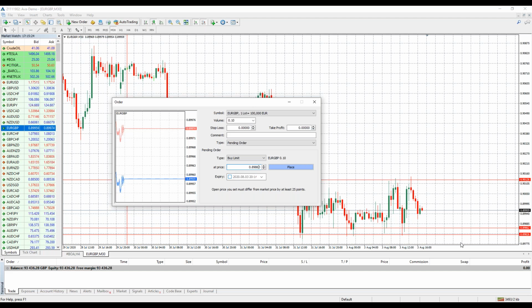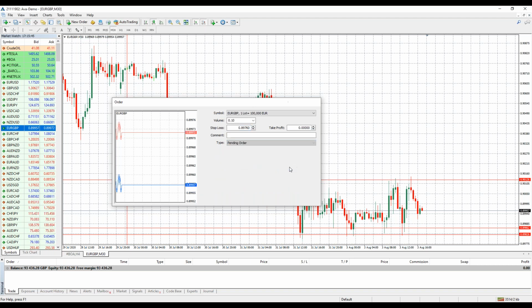Okay. Stop loss just below there, maybe at 0.8976. 10 pips. And place. Okay, there we go.